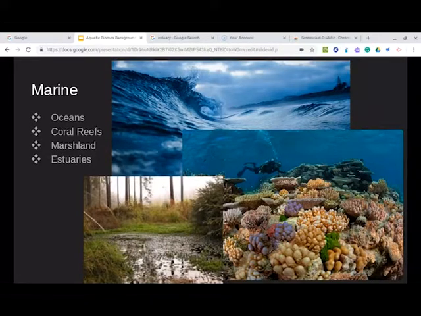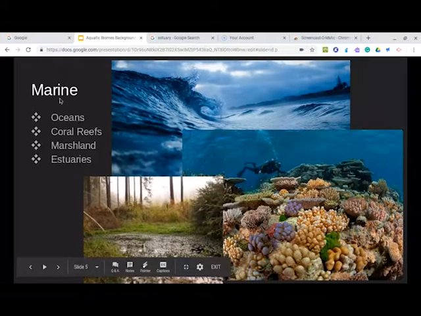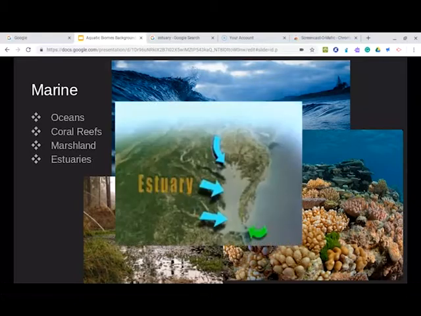And then the last marine biome. So these are lumped in with the marine because since they are happening near a coast, you might have some saltwater intrusion. So it's definitely going to be a bit brackish, definitely saltier than the fresh water that might be pouring into that area. And then you have the estuary, which, just as a reminder, is where a river meets an ocean.